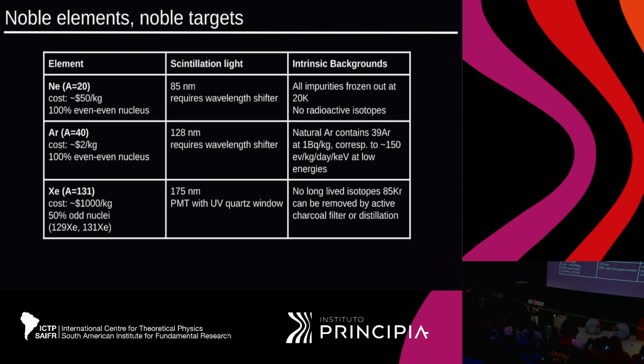You buy xenon, but then you have a stock that you can essentially sell. So there are experiments that actually have made money during the running of the experiment, because they buy the xenon at the beginning, and then the prices go up, and when they sell it, they actually have extra money after running. So that may be an advantage, actually.